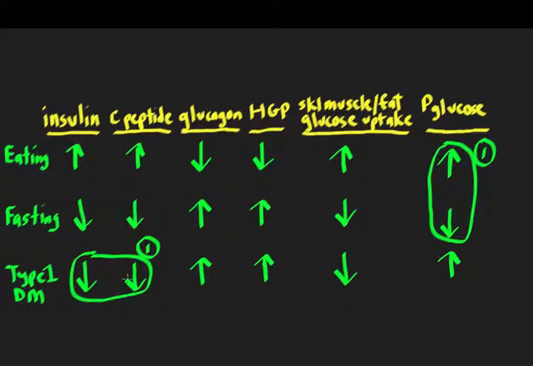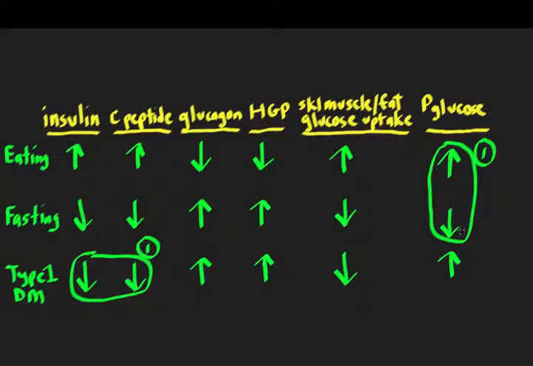Insulin and C-peptide are both low, glucagon is high, hepatic glucose production is high, glucose uptake in skeletal muscle and fat is low, but the main difference here is the glucoses are different, right? These responses were trying to stabilize the glucose and bring it back to normal. In this case, the plasma glucose is a consequence, a product of this disturbance over here in these hormones.